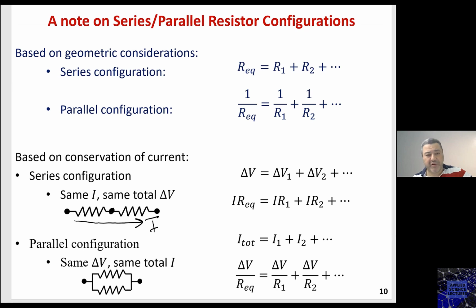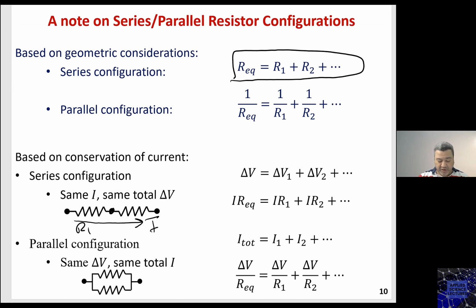When they have the same current going through them, those two resistors are connected in series, and that's why the equivalent resistance for resistors connected in series is the summation of those resistors. So R equivalent in the case of series is as simple as the summation, R1 plus R2. This one is R1 and this one is R2, then R equivalent is R1 plus R2.